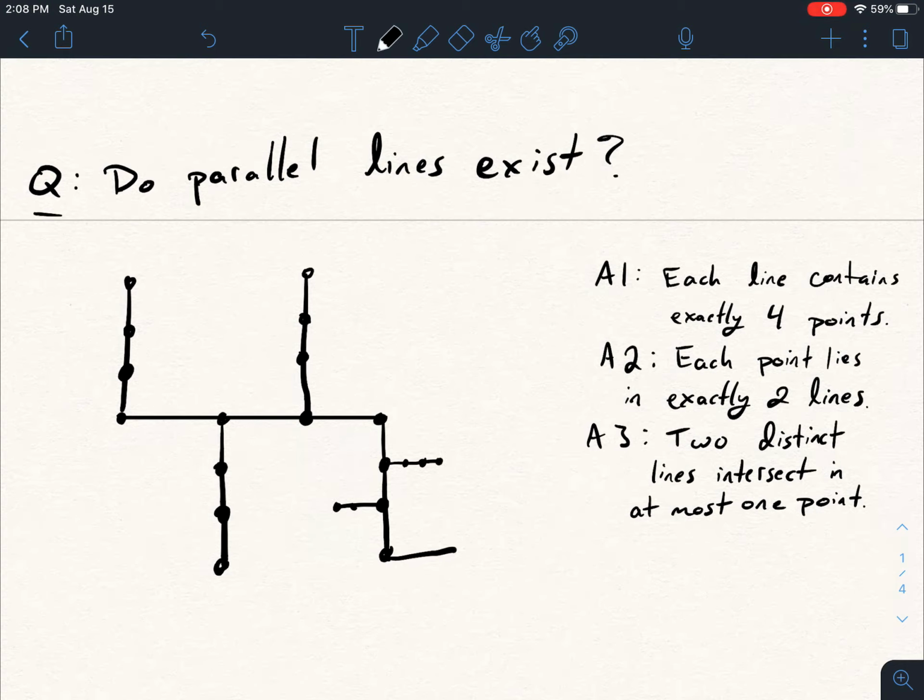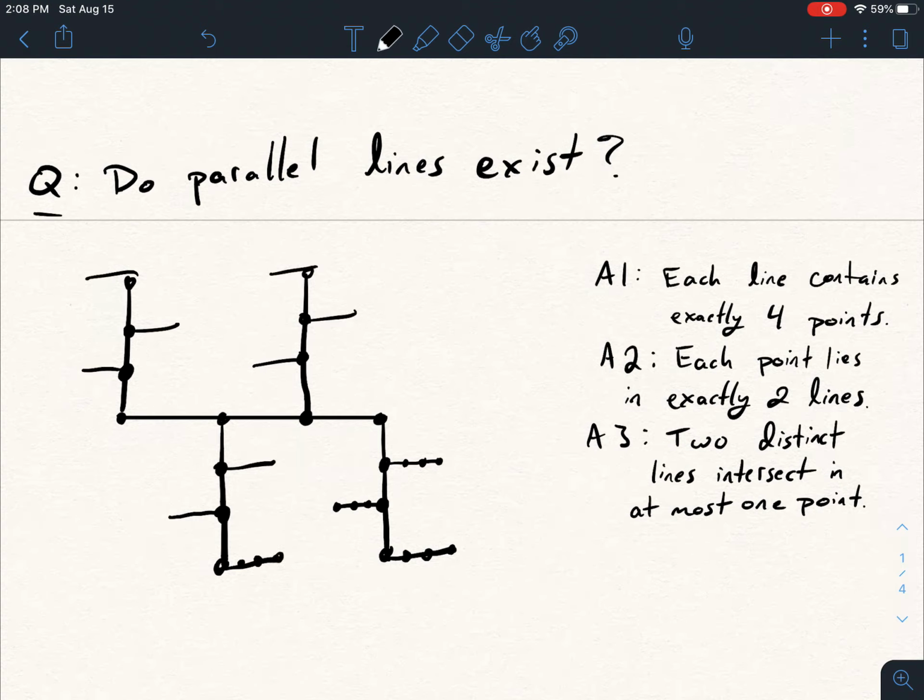And then we could do the same over here, and the same up here, and then the same up here. And then just imagine that I'm putting points on all of these lines. I won't bother because it's quite a lot of work to do.